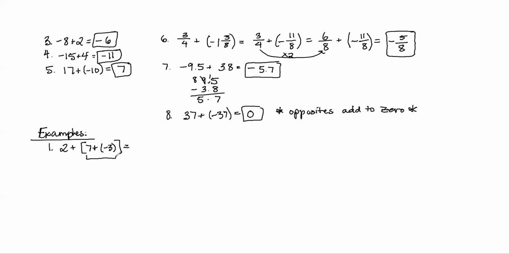Keep everything else the same. I'll put the 2 plus bracket. We may or may not need the bracket depending on what number we get. 7 is larger, so it'll be positive. And if we subtract those, we get 4. So we don't actually need the bracket here. If it were a negative number, we should keep it so it looks a little bit nicer. But then 2 plus 4, 2 positives gives us 6.